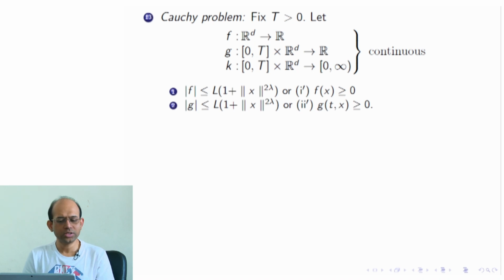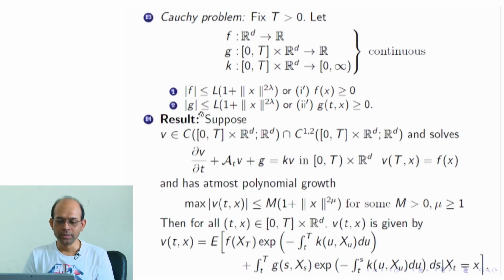Either this condition one can choose, alternatively one can choose that both are non-negative. For the sake of the statement, let us just concentrate on this part: mod f and mod g are at most polynomial growth, and then we can assert the following.